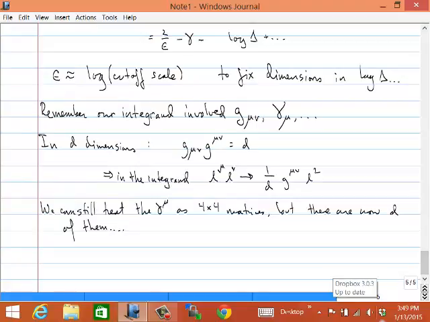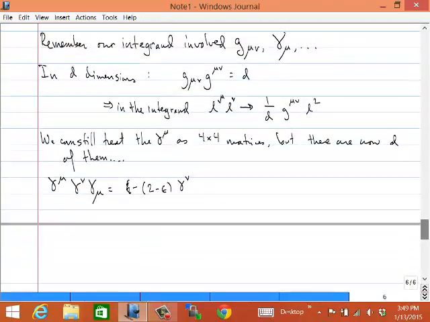So, for example, that means that gamma mu, gamma nu, gamma mu is now not minus 2 gamma nu, but gets a correction term.